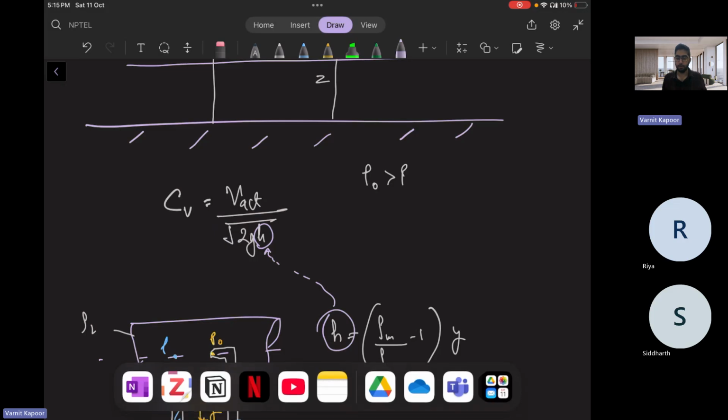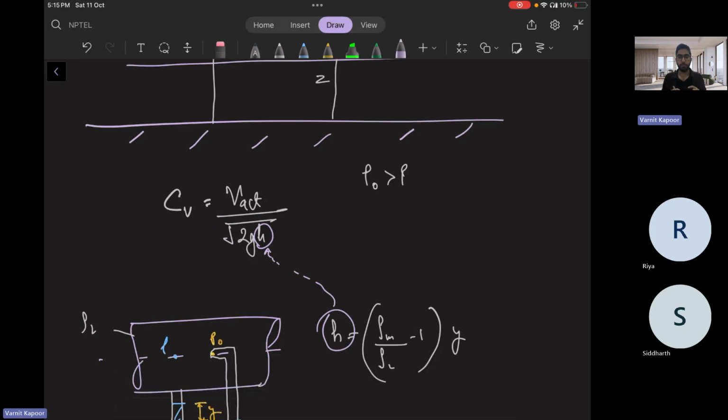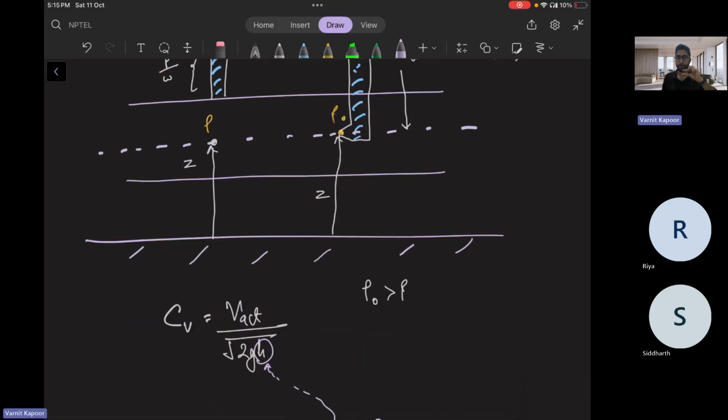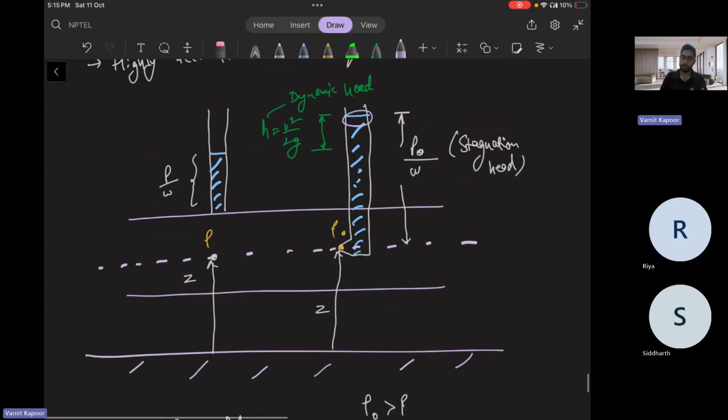And the point to note here is that when the pitot tube is moved across the pipe, not along the direction of the pipe, but across the pipe, what happens? The level of the pitot tube will change. Either it will go up or down, depending on the movement. Pitot tube basically tells us about the total energy, the piezometric head plus the dynamic head.